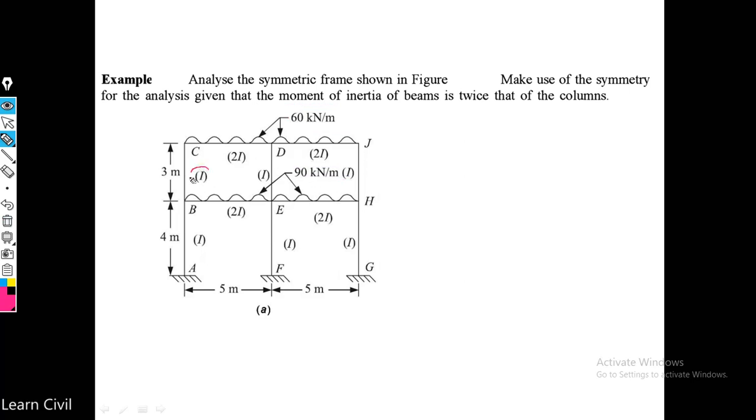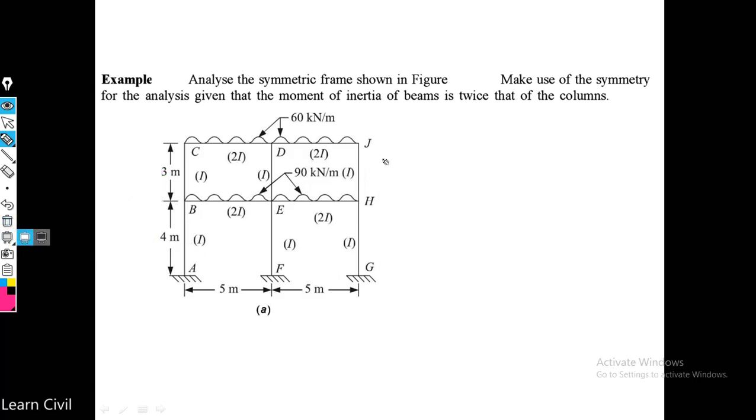The moment of inertia of all columns is I, and the moment of inertia of all the beams is 2I. The height of the bottom story is 4 meter, whereas the height of the top story is 3 meter.